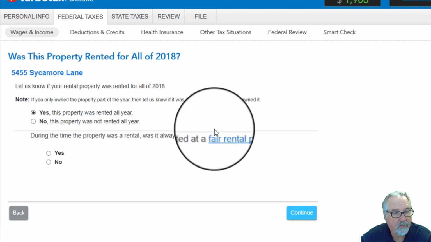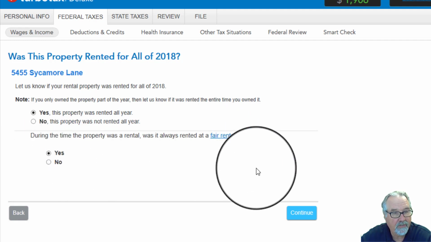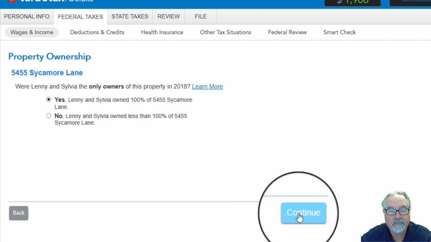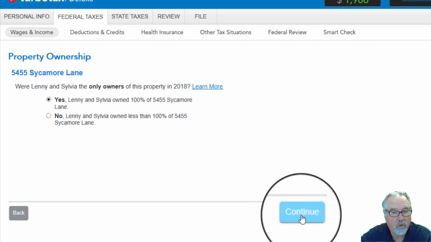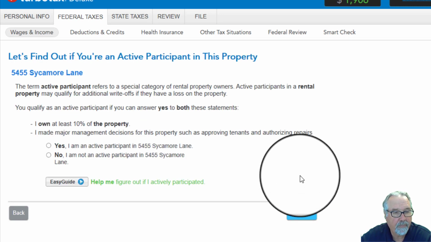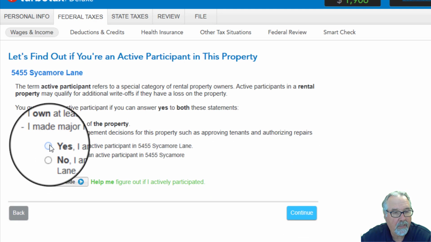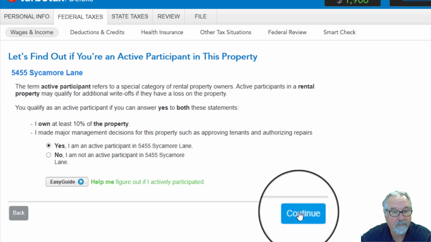This property was rented all year at a fair rental price. Yes, Lenny and Sylvia owned 100% of this property. And yes, I am an active participant. In other words, they own at least 10% and they make all the major management decisions. So that qualifies them as actively participating in their rental property.